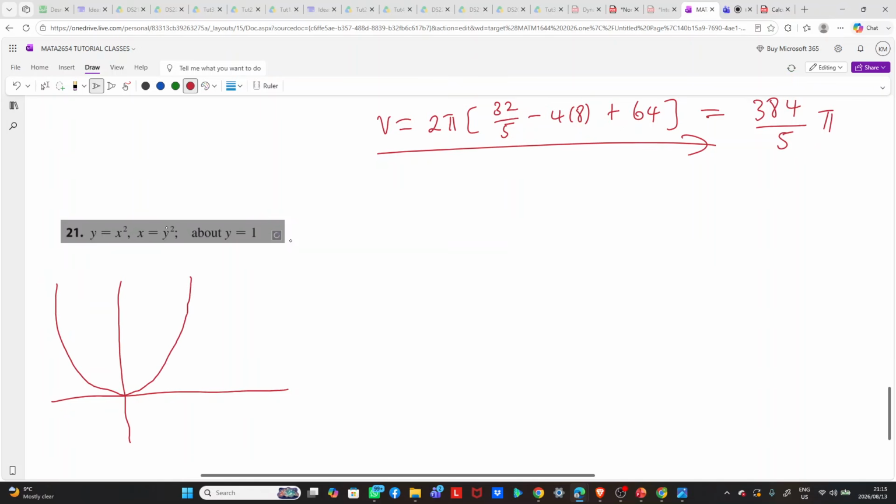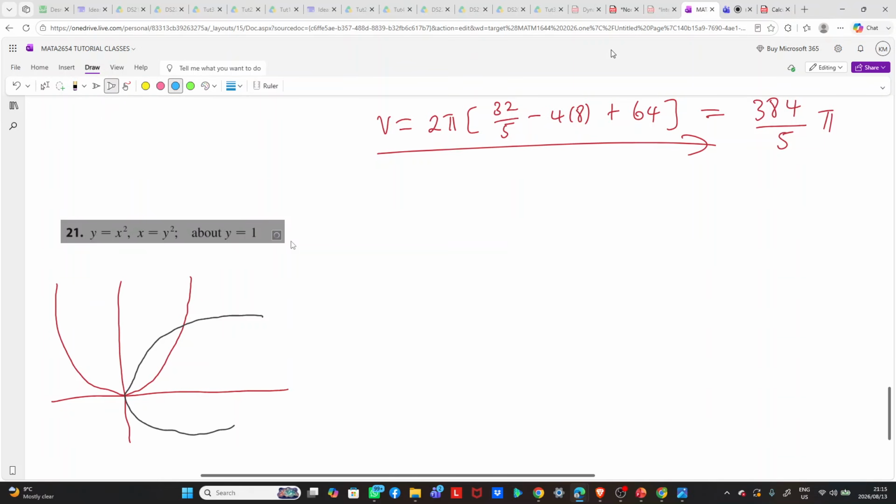And the other is the curve x equals y squared, and that one is a curve that goes somewhat above this. We can all see the region that we are at now.